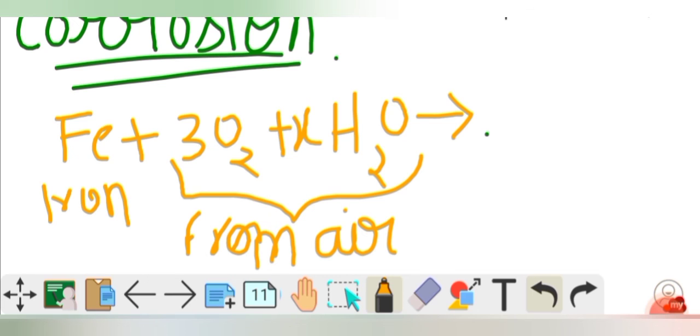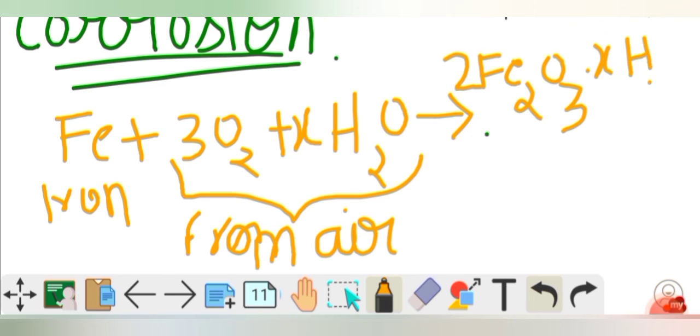So the formula of rust is Fe2O3 into XH2O, and this is the formula of hydrated iron oxide, that is rust.